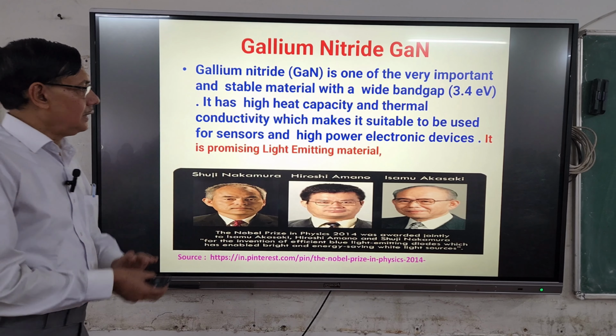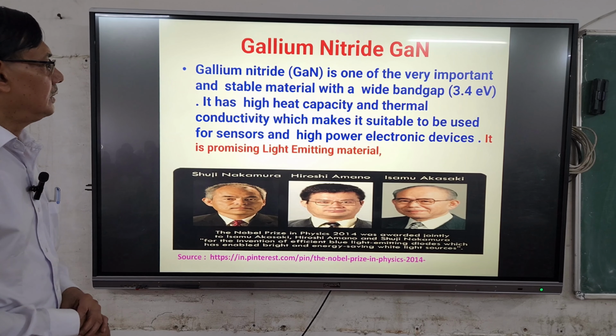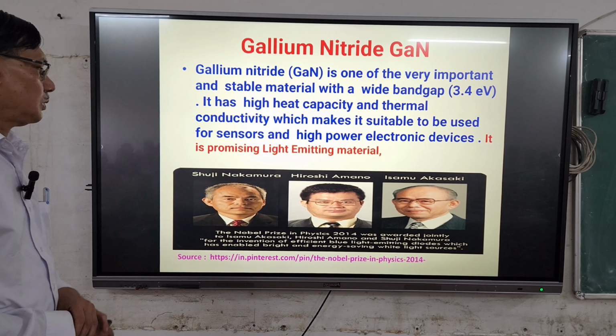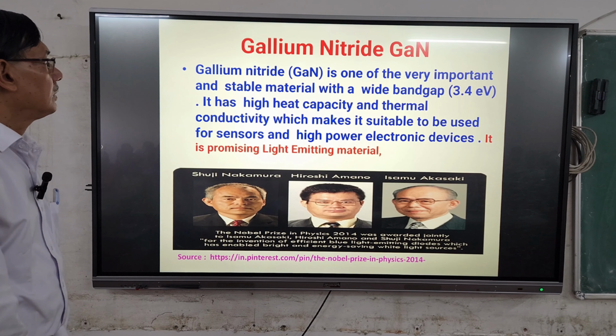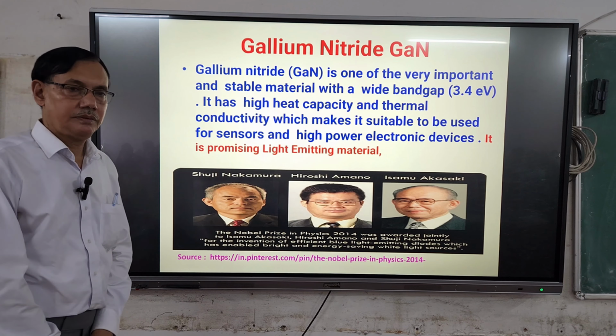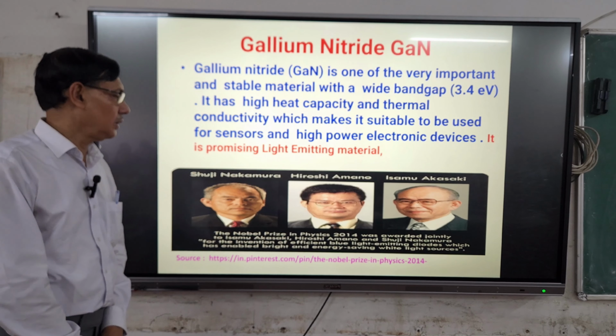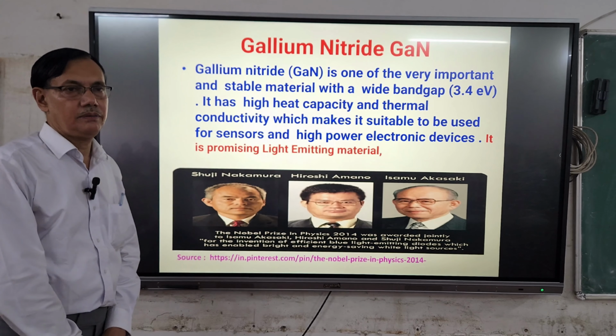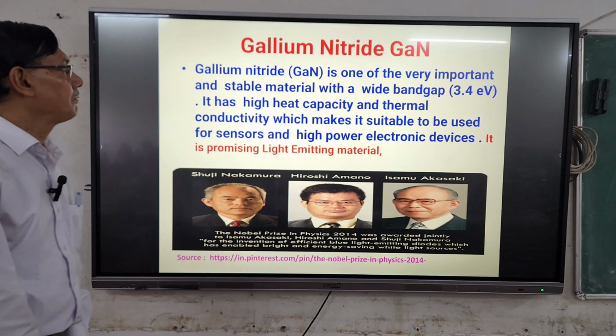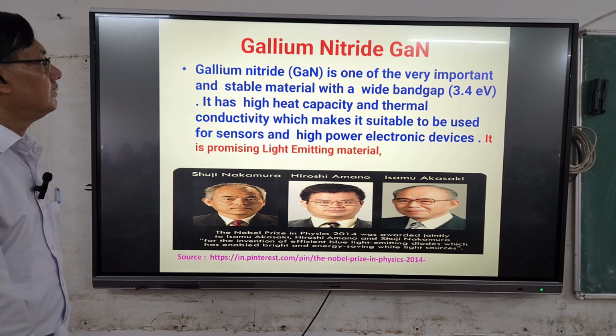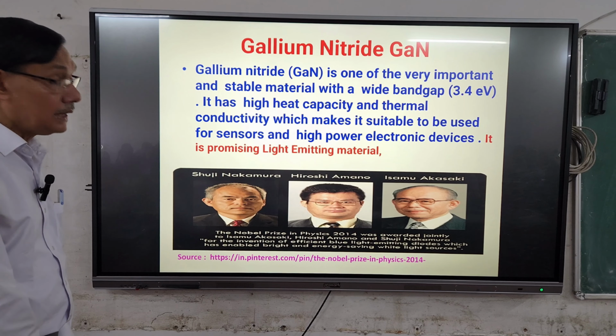Now the last part, as I told you many times, you must prepare short notes on gallium nitride. There is a possibility of a short answer type question: what is the importance of gallium nitride, what are its applications, and what is its band gap.